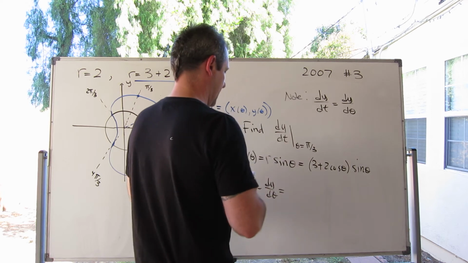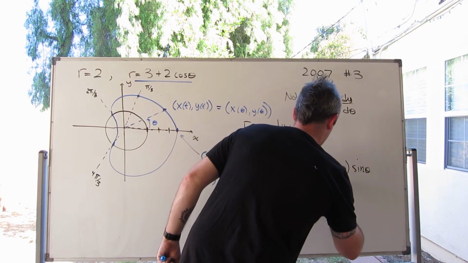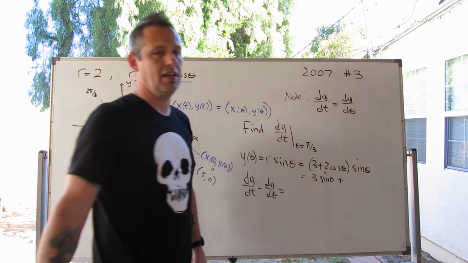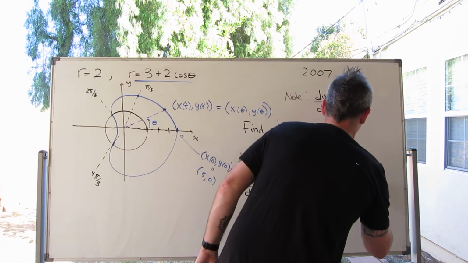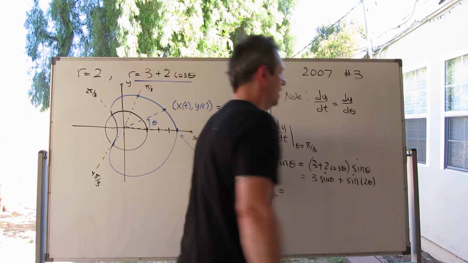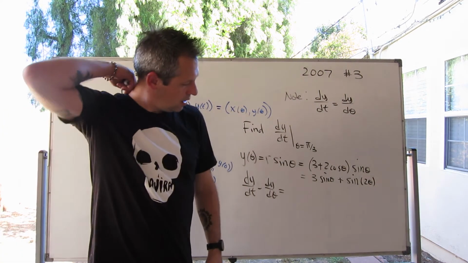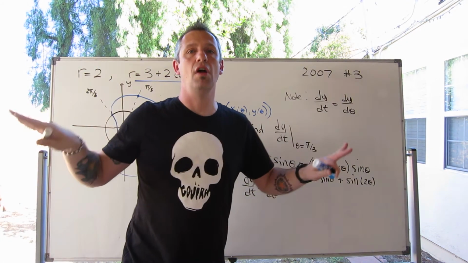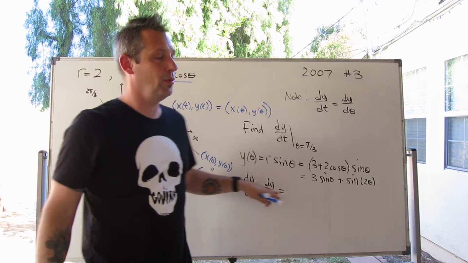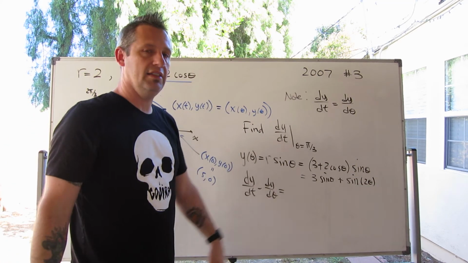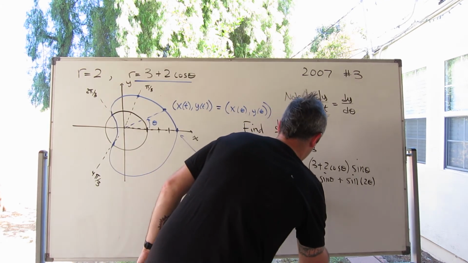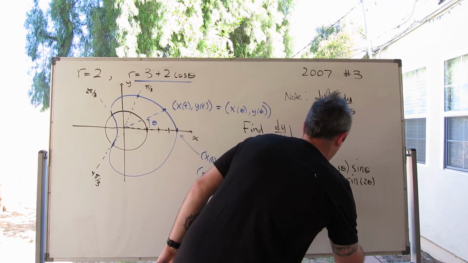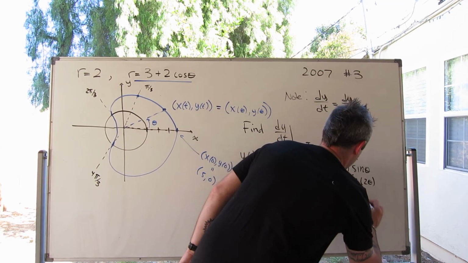So I'll write this as 3 sine of theta plus 2 cosine theta sine theta, which is the same thing as sine of 2 theta, since sine of 2 theta equals 2 sine cosine. That makes derivatives easier. If I were solving equations involving y, this is not a good thing to do, but when we're taking derivatives, this is fantastic. So dy d theta is just going to equal 3 cosine of theta plus, using the chain rule, cosine of 2 theta times 2.